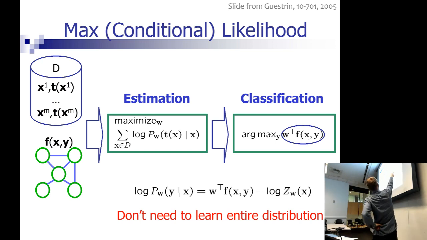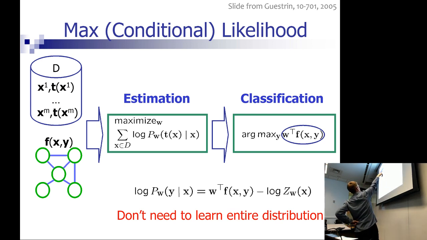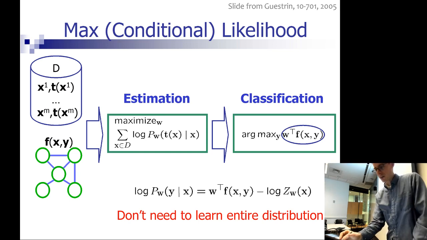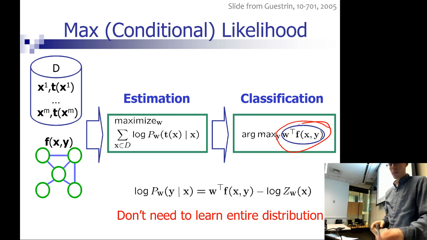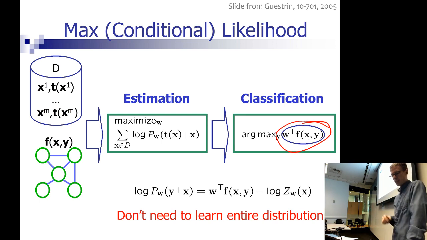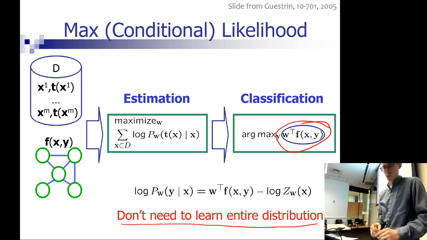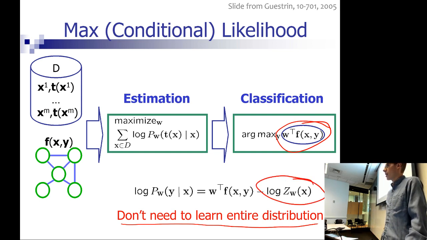Classification could look at marginals, or it could do MAP inference, where you choose the highest scoring configuration. But if we're only doing classification with some dot product of weights and features, this begs the question: do we really need to learn the entire distribution? We don't actually use the log of the partition function at classification time.